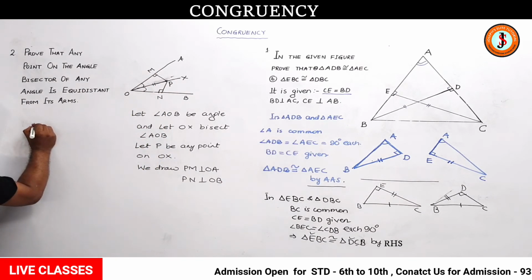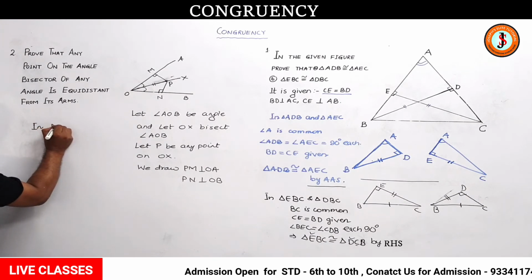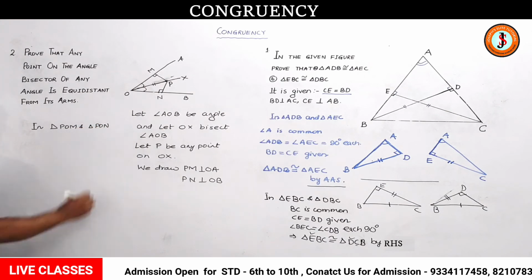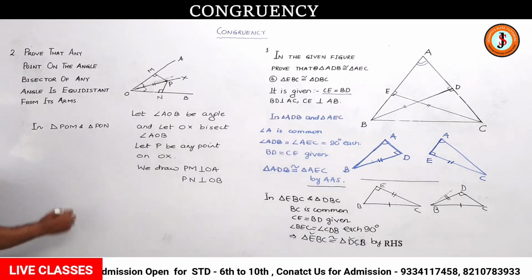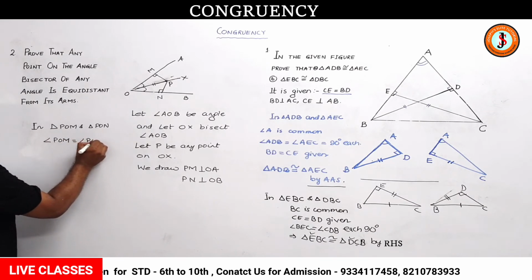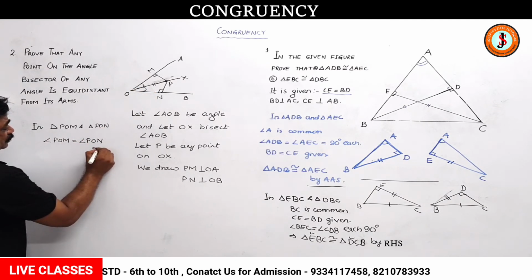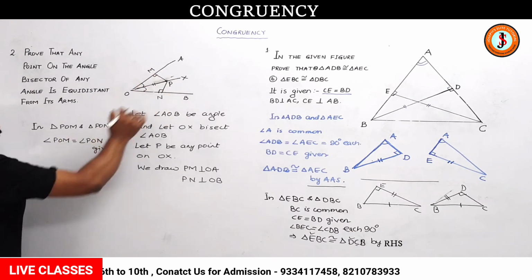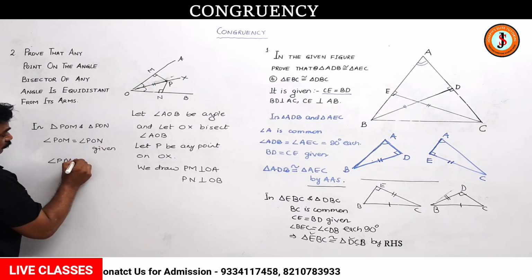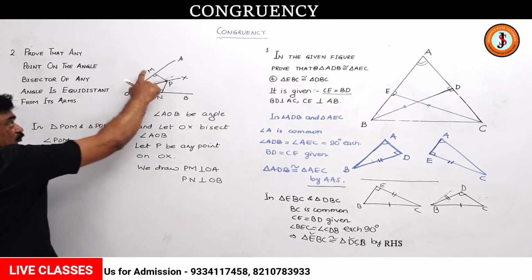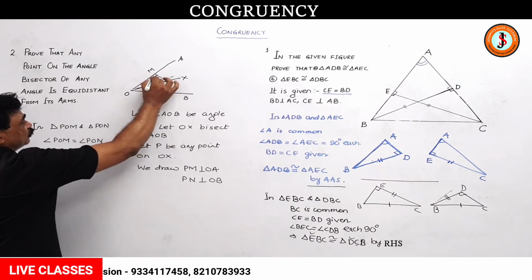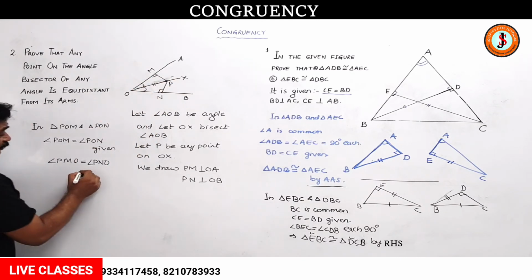So we will prove it through congruency in triangle POM and triangle PON. What will happen? Angle POM is equal to angle PON. It is given, angle bisector. Then angle PMO is equal to angle PNO. Why they are equal? Can you tell? What does the sign say? It is 90 degree.